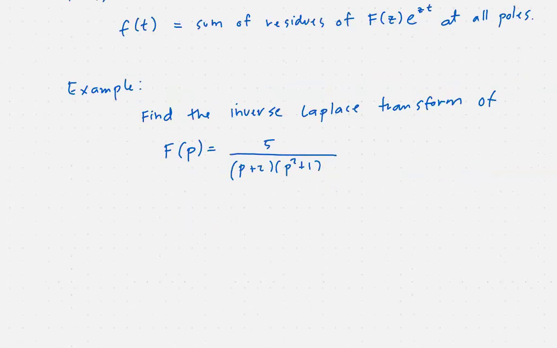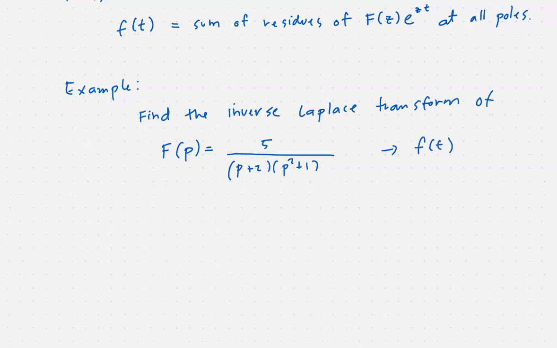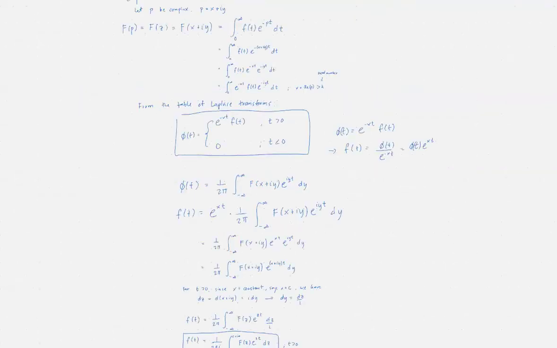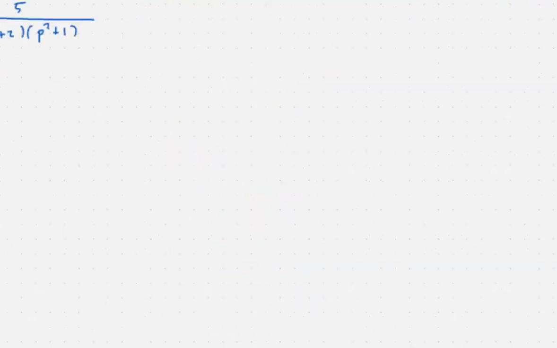So, the first step that we need to do, remember in our definition, we let p be a complex number z, which is equal to x plus iy. So we're going to do the same thing. The first step is to convert it to z, so now we have F of z.